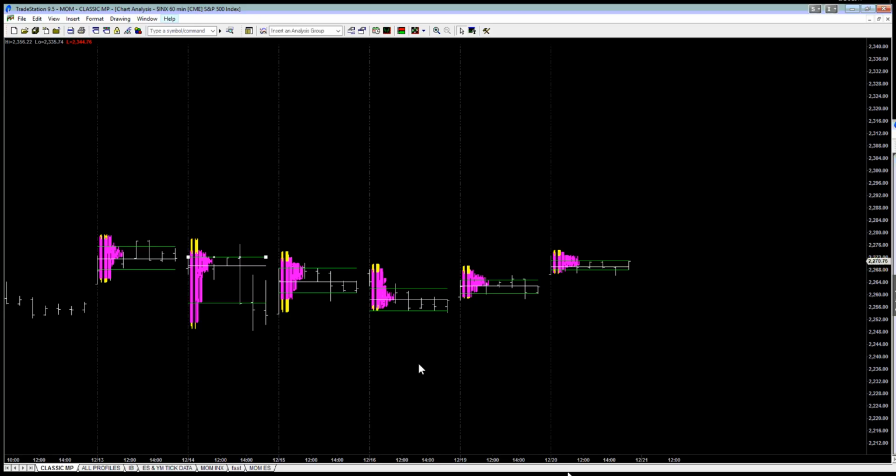When you're watching the levels propagate, you want to use maybe a 15-minute chart or even a 1-minute chart. But before we go into that, let's move forward to the present time so that we can show you how that looks in real time.